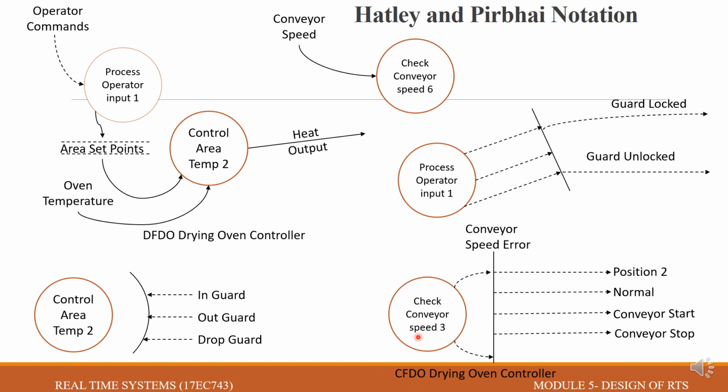The process activation information is held in the CSPEC. So this bar represents the CSPEC. It will have all the instances related to this particular check conveyor speed 3. Similarly here also, door locked, door unlocked. So signals can be shown. This bar is represented as a CSPEC.